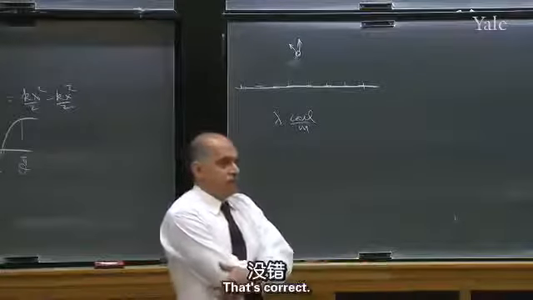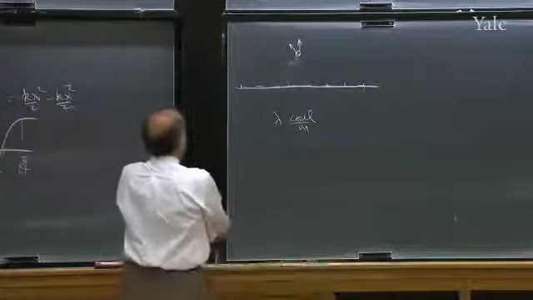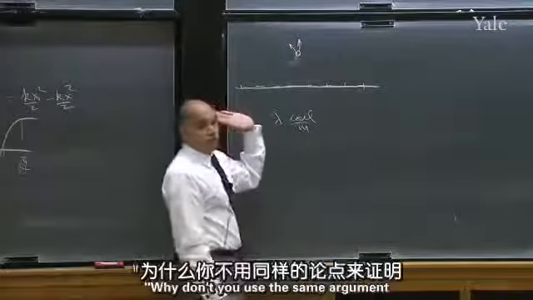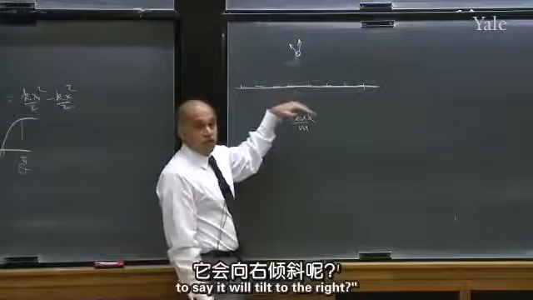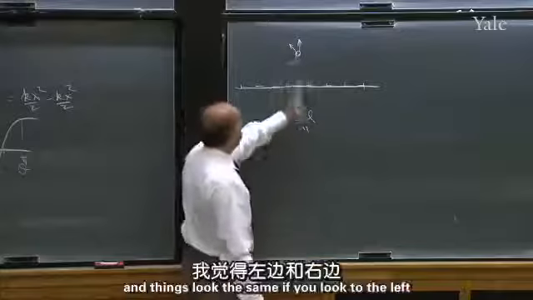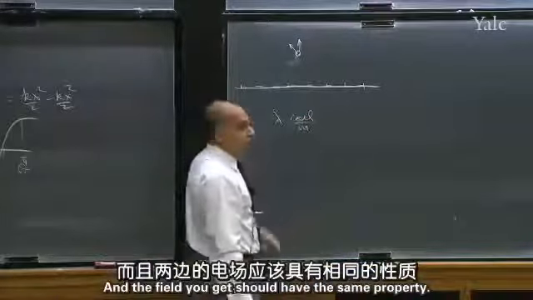That's correct. Another argument from symmetry is that if anybody can give me a reason why you should tilt to the left, I can say, why don't you use the same argument to say it'll tilt to the right? Because this is an infinitely long wire. And things look the same if you look to the left and if you look to the right. And the field you get should have the same property.